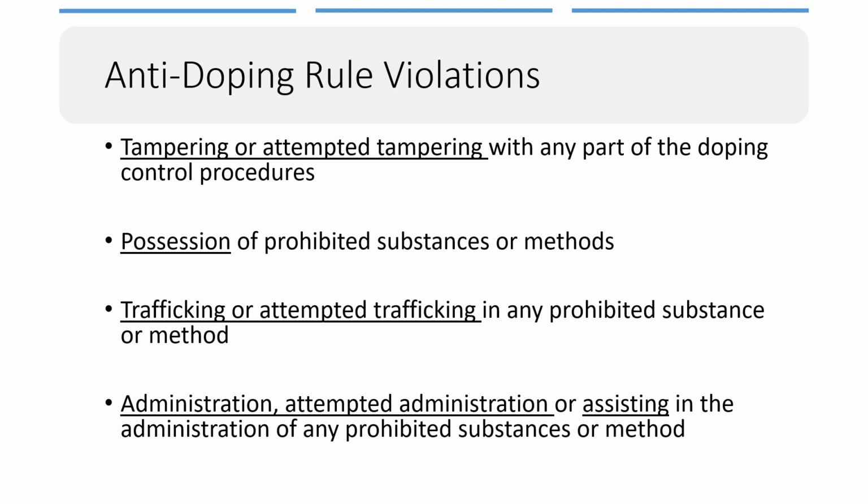In addition, trafficking or attempting to traffic any prohibited substance or method is also considered a serious violation. Another significant violation involves the administration, attempted administration, or assistance in the administration of prohibited substances or methods to athletes. So that would be some of those coaches, right?